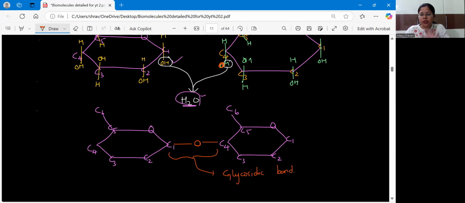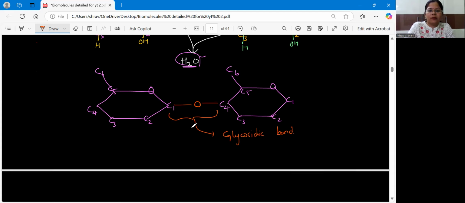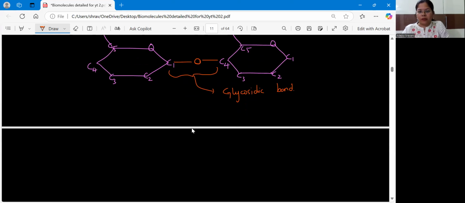bond. So glycosidic bonds are present between the monosaccharides of the carbohydrates. Now, if I want to name this bond, that means in between what carbons it is present. So here, since I have taken alpha glucose unit, let me write down the alpha first.